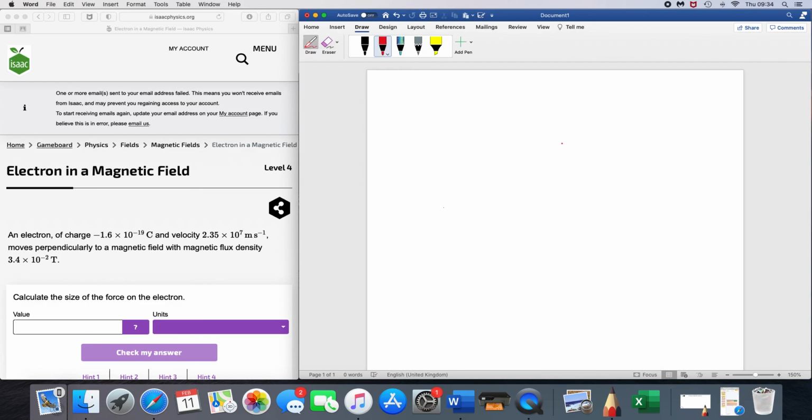So we have an electron with a charge of minus 1.6 times 10 to the minus 19 coulombs, of course. Velocity of 2.35 times 10 to the 7 meters per second. So I'm noticing 2 and 3 sig figs here. And I've got a flux density of 3.4 times 10 to the minus 2 Tesla. And I'm asked for the force.